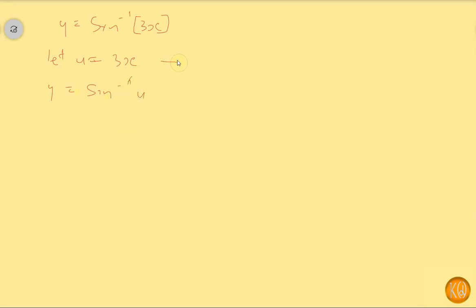From here we can find du dx. du dx would be equal to 3, and from there dy du would be equal to 1 upon the square root of 1 minus u squared.